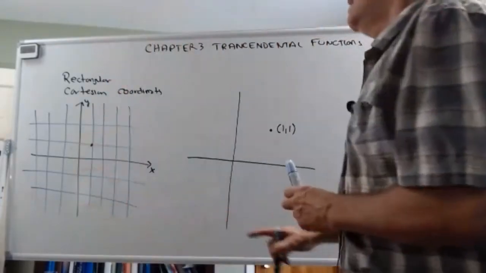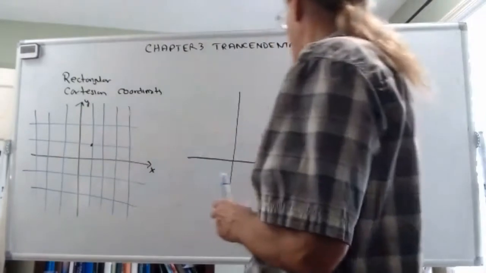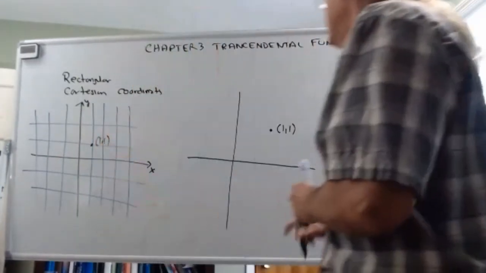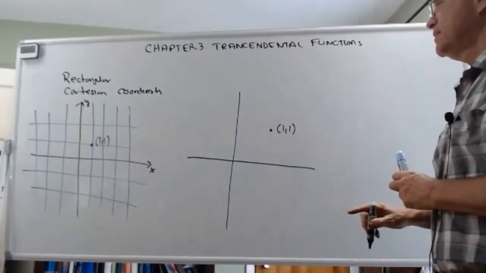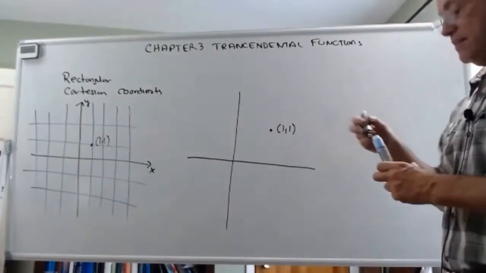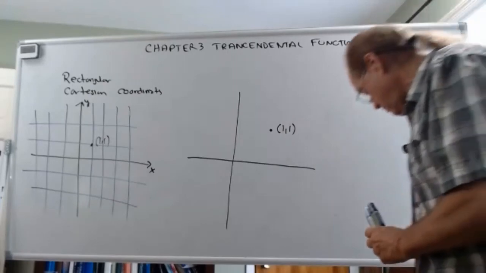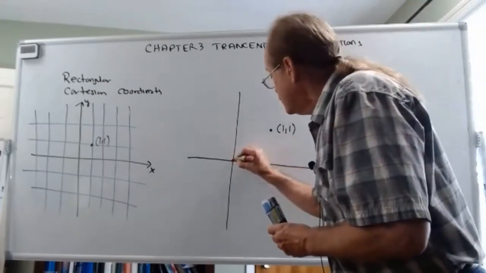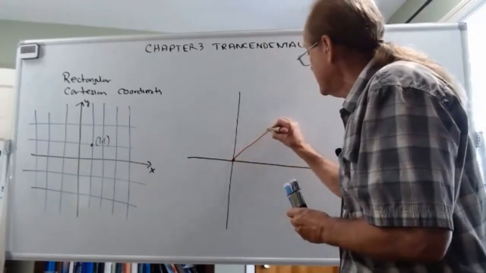That has its coordinates in the Cartesian grid, so it's 1, 1. Now let's say that's the same point. There's another way of identifying that location. What I can do is draw a line from the center over here, straight out to that point.